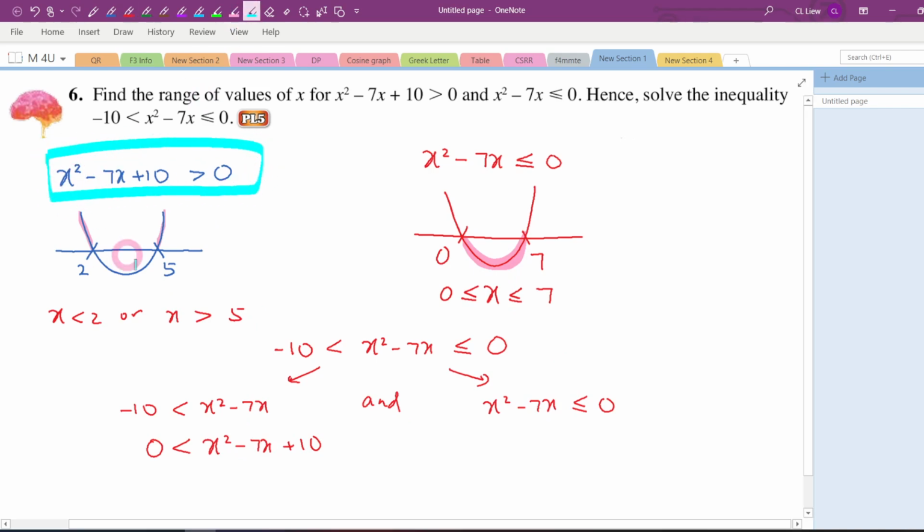This one and this, they're actually the same, right? x squared minus 7x plus 10 greater than 0. How about this one? x squared minus 7x less than or equal to 0. So what we need to do now is to combine these two answers together.